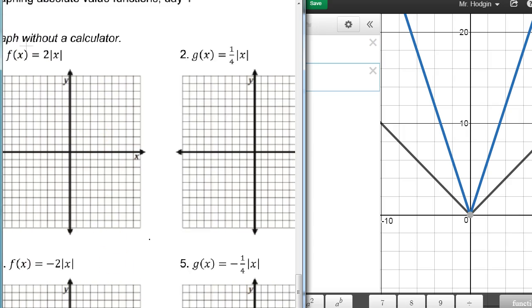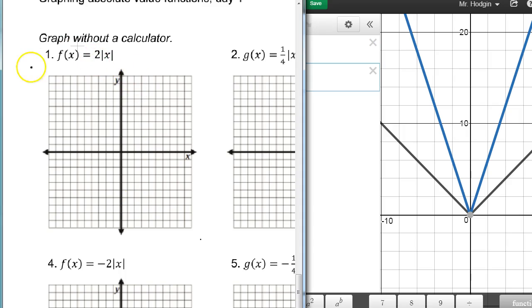You should be able to just look at this and say, okay, 2. That's going to be opening up, right, because it's positive, and 2 is the same as 2 over 1. And you can graph this using the knowledge you got from discovering it. You can graph it precisely, not kind of close, but exactly.